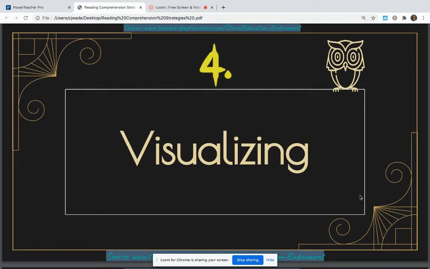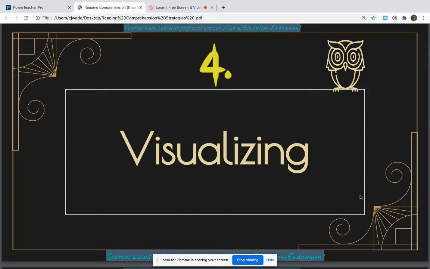This week, we're going to start with our strategies for during our reading time and after we read. We spent a lot of time on before, so now we're going to talk about what I do while I'm reading a book and what I do when I finish reading a book.